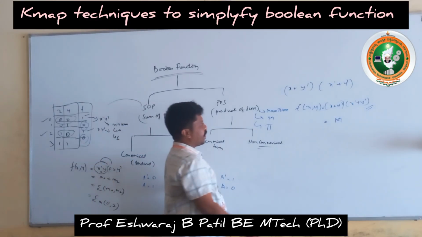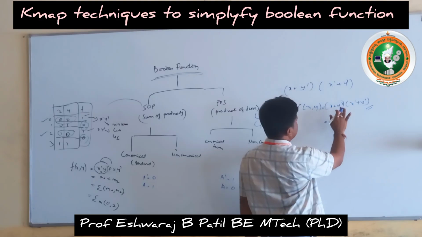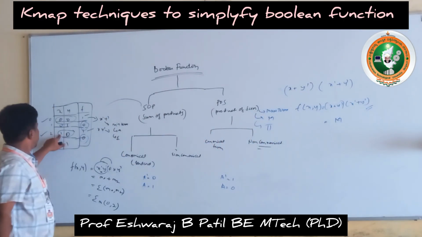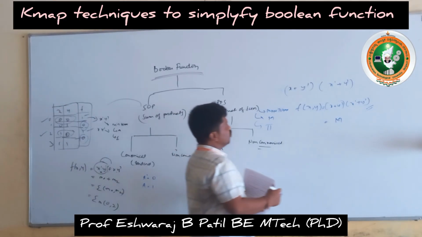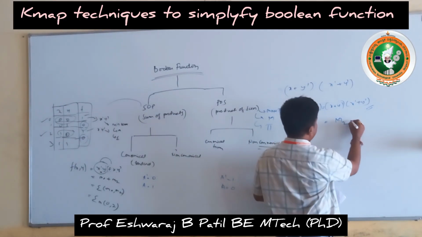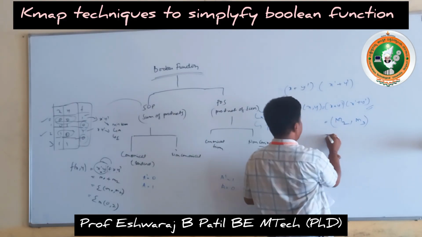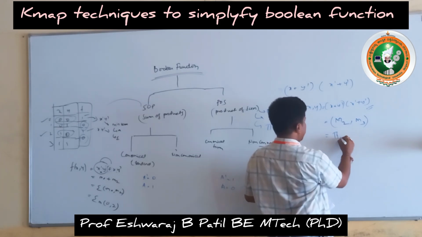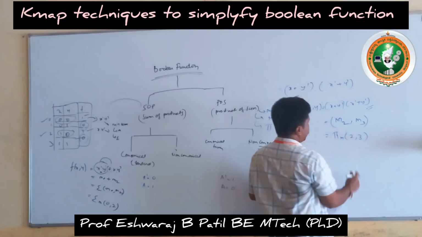Then x plus y dash is the 2, that's m2, and this is m3. Then we take the pi outside, and the M is taken as 2 and 3.